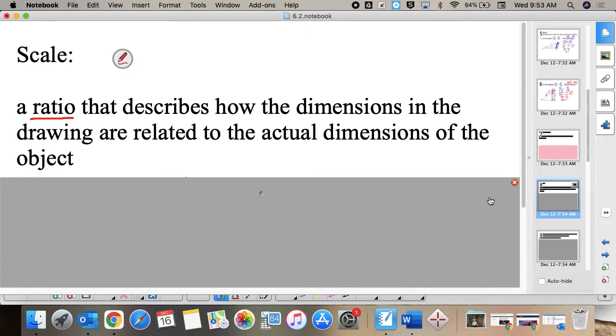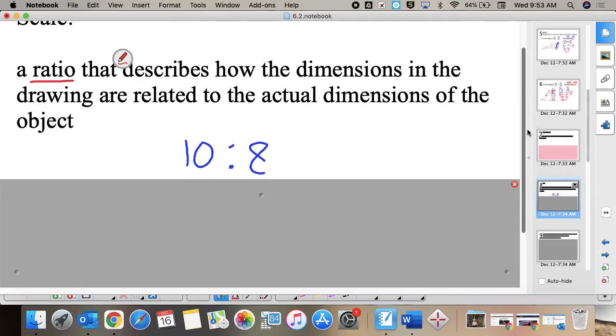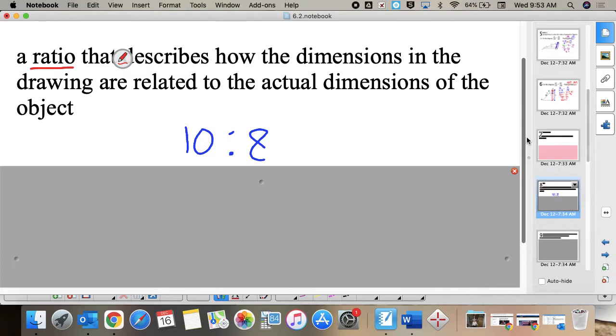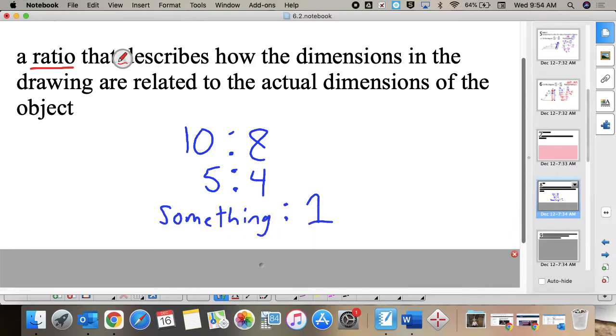To find scale, right, it's a ratio, so we're going to compare two things, something like 10 to 8. Now, typically in a ratio, you reduce that to 5 to 4. However, in a scale, it even gets reduced further. In a scale, it always reduces to something to 1. So to get my 4 down to 1, we'd have to divide by 4.